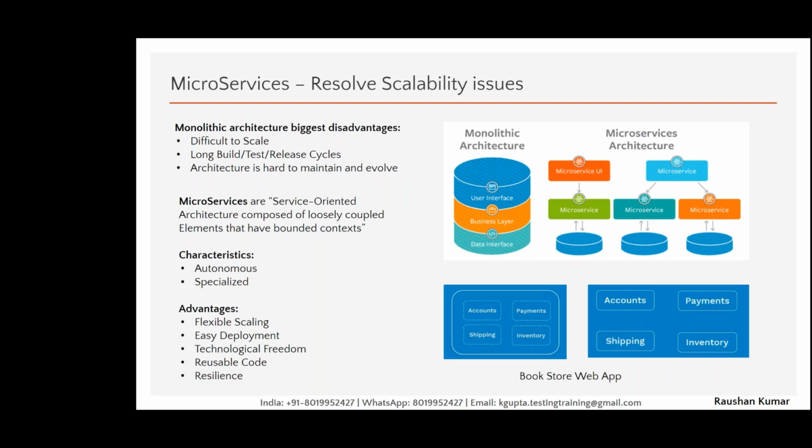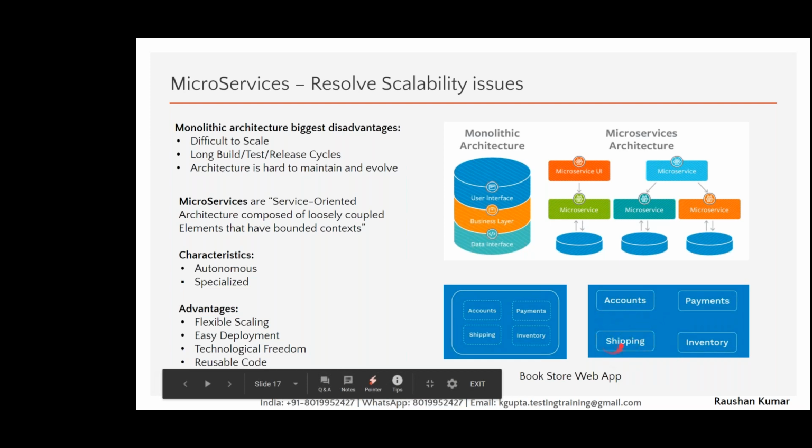I can configure this microservice in a VM where we have more resource, and I can scale up this microservice specifically. I need not scale up the other microservices to give more resource to this shipping module.